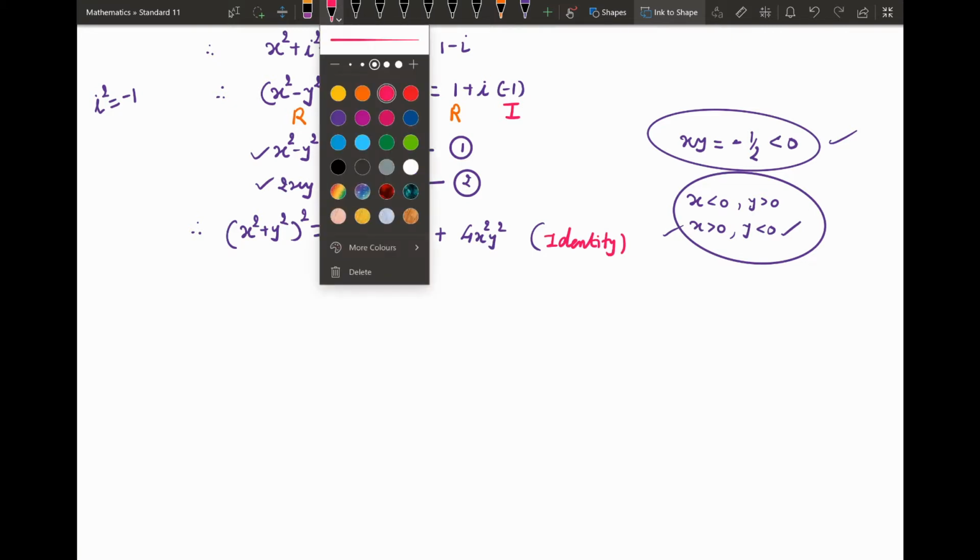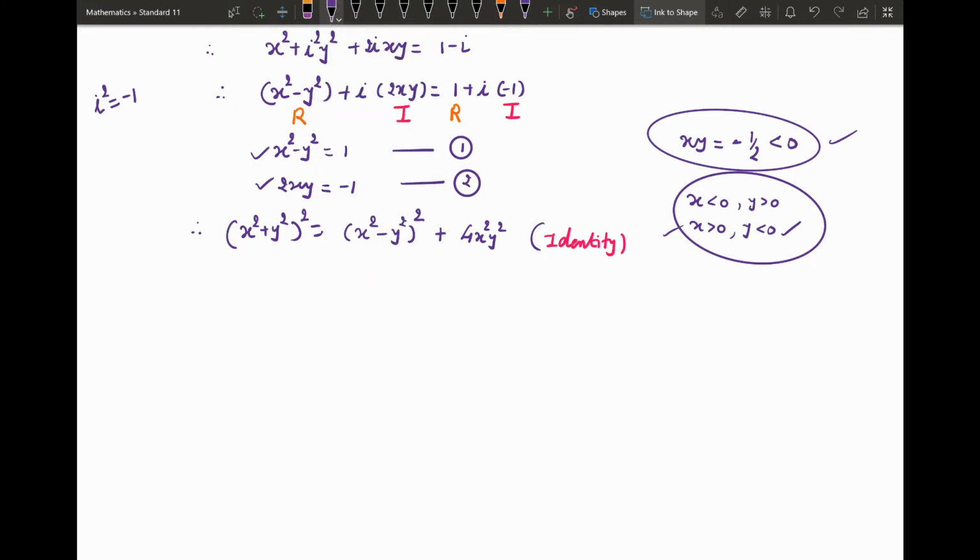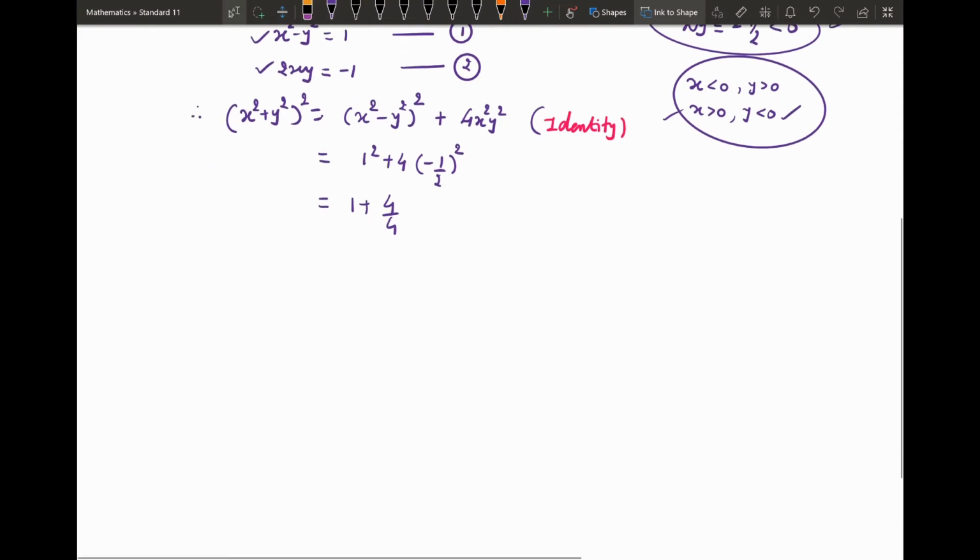Now when we substitute values for x square minus y square, it is 1 square plus 4 x square y square, and xy equals minus 1 half, so x square y square is minus 1 half square, that is 1 plus 4 by 4. Simplification gives 2, and therefore taking square root, x square plus y square equals plus minus root 2.